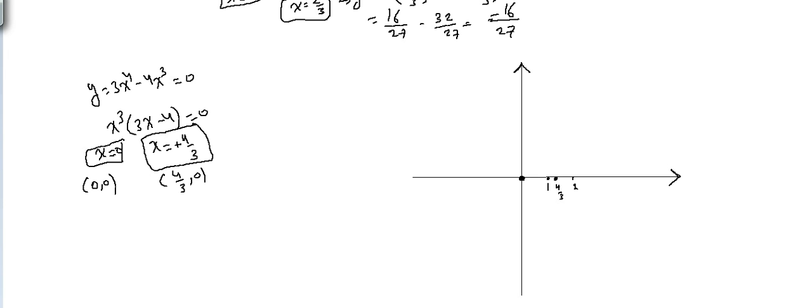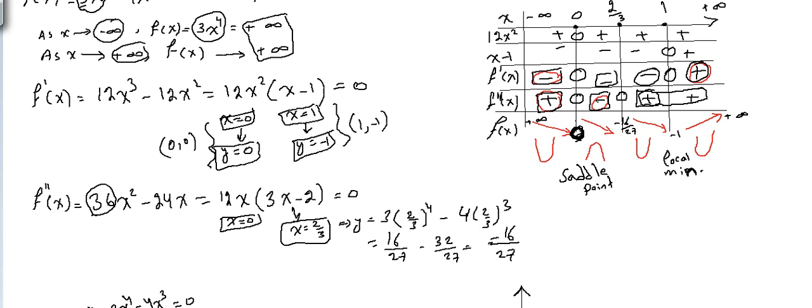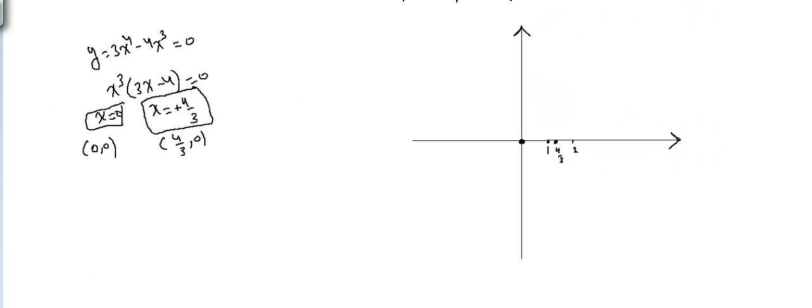This point here is very important also. What else do we have? We have 0, 0 as a saddle point. We have 2 over 3, minus 16 over 27. 2 over 3 is 2/3.